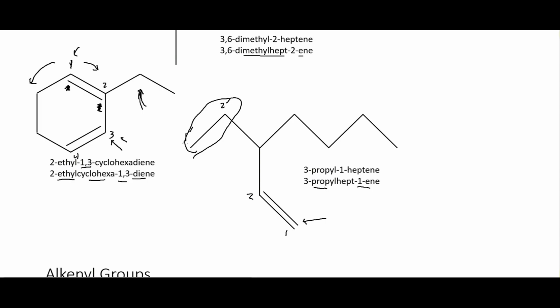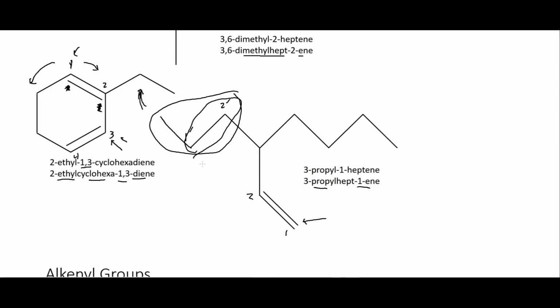So if this was propyl, we would want to actually put another carbon on it there, because propyl is 3 carbons. So if I just draw that in, we have a propyl group right here. So now this is 3-propylhept-1-ene.